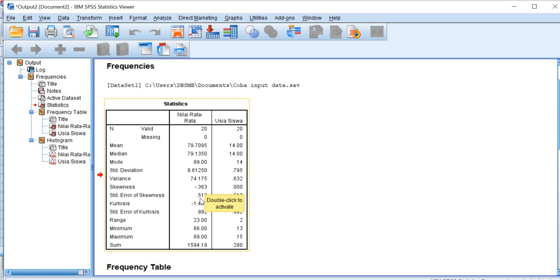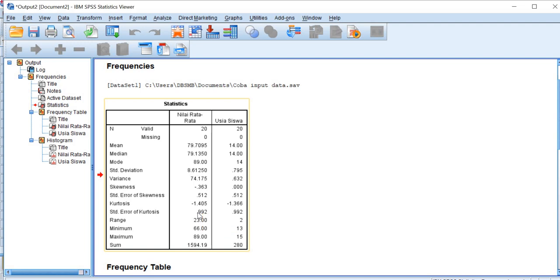For the ratio of the kurtosis, we can also calculate it by dividing the score of the kurtosis by the standard error of the kurtosis.